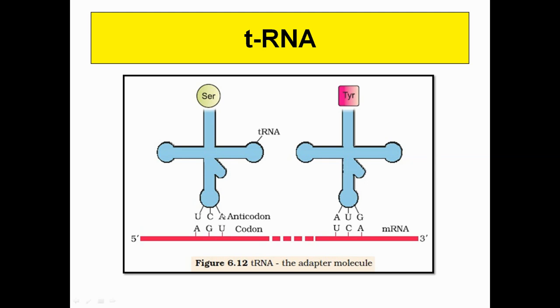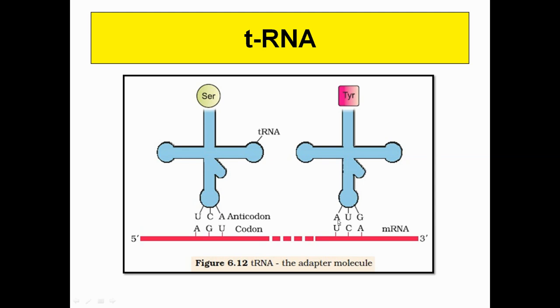Always the attachment will be on the basis of complementarity, and on the basis of this codon it is going to bring the amino acid. The particular amino acid will be brought according to the codon present on the mRNA. This is a very important point.